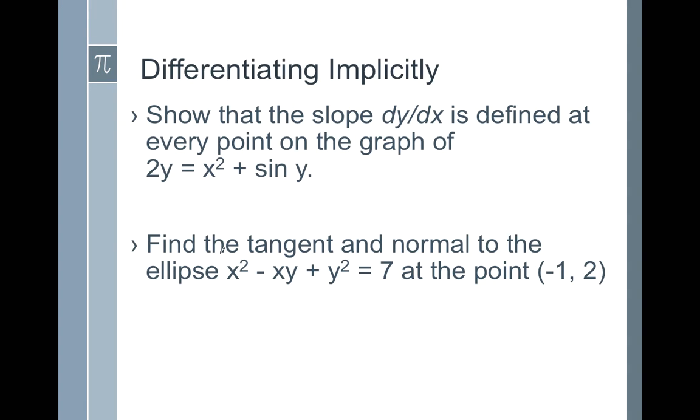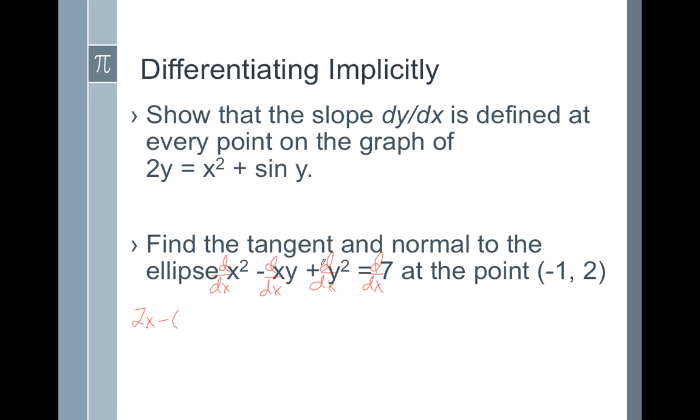So we need to find the derivative. We need to do the derivative of each piece and solve for y prime. Okay, so the derivative of x squared is 2x. That one's simple. The derivative of x times y, and now I use multiplication because that becomes a product rule.